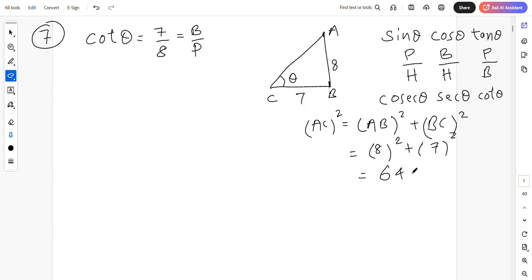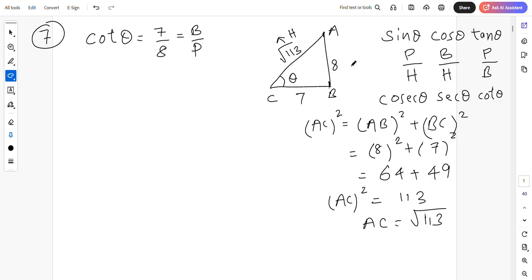That is equal to 64 plus 49, which is 113. That is AC the whole square. AC will be equal to root of 113. Therefore this hypotenuse will be root of 113. This is perpendicular and this is base.